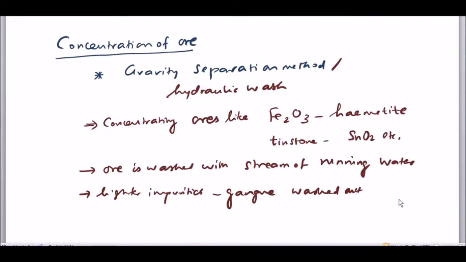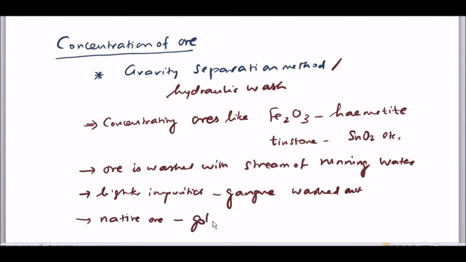where particularly various oxides including Fe2O3, SnO2 are concentrated, and this method is also suitable for concentrating the native ore. What is called a native ore? Native ore means the ore which is available in the native state.